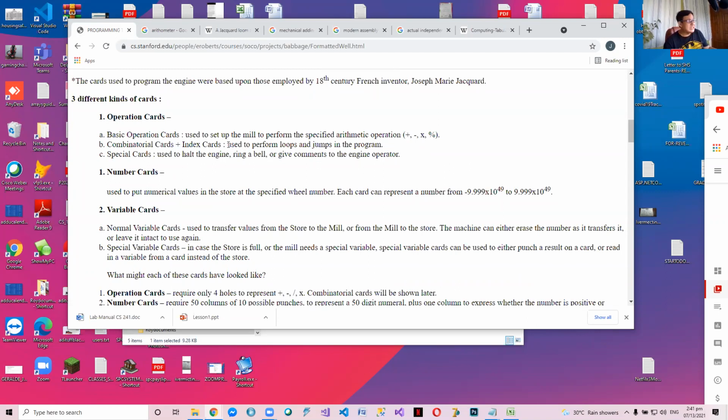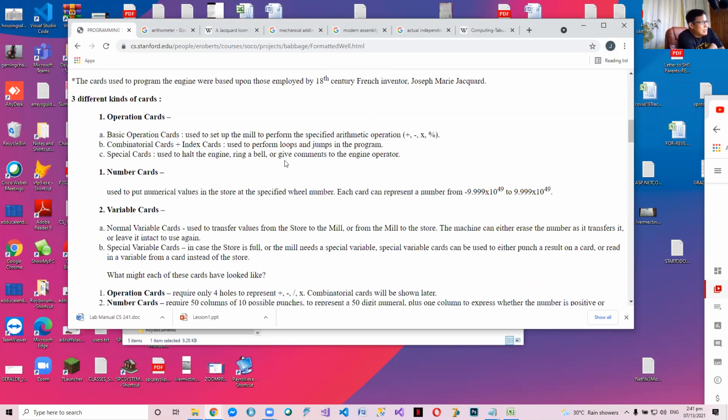There's a CB and CF, move forward and move backward. These are combinational cards to indicate how to move. Kasi in a program, you will sometimes do repetition, di ba, and branching. Special cards: to ring a bell or to halt, or to finish in success.